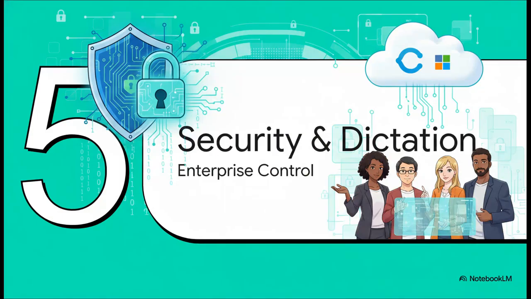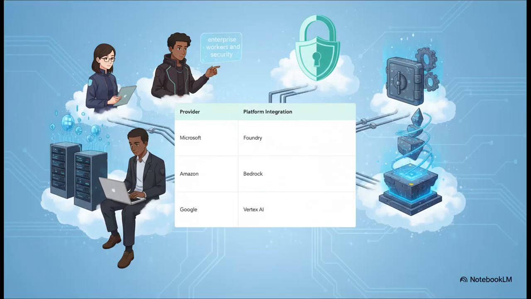And finally, Section 5, Security and Dictation, Enterprise Control. Up to this point, we've talked about some truly amazing productivity hacks. But let's be real, none of this matters at all if your IT department won't actually let you use it. So for the enterprise workers tuning in today, you'll be glad to know that Claude for Microsoft 365 is built with enterprise security right from the ground up. You do not have to connect through any risky consumer channels.